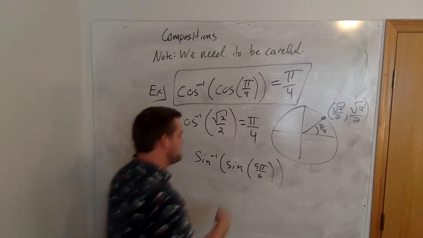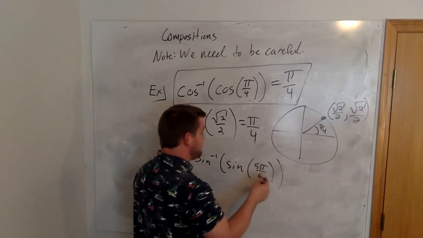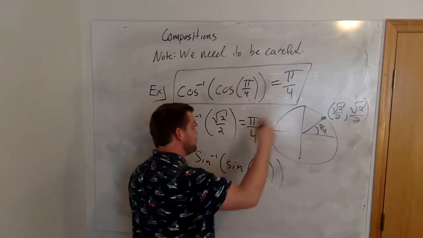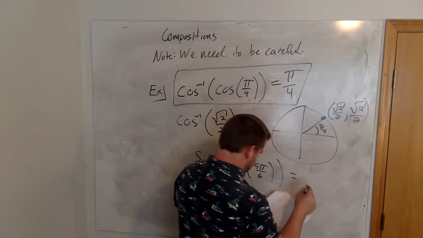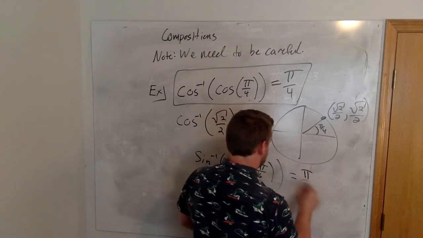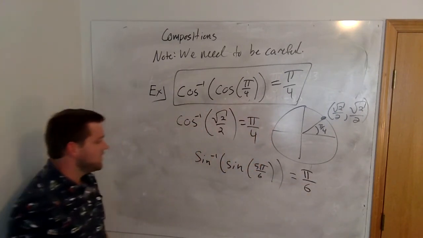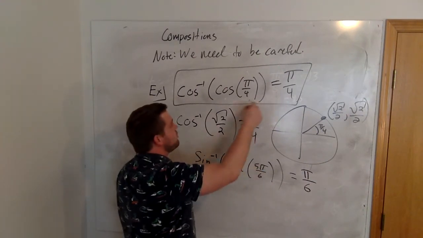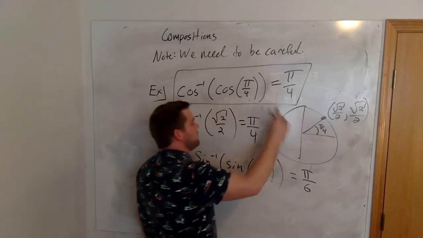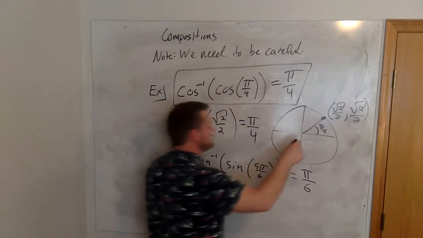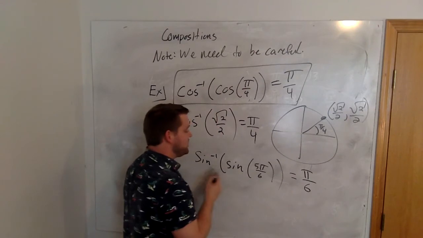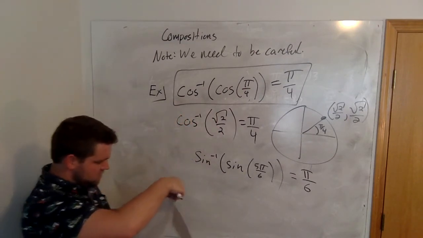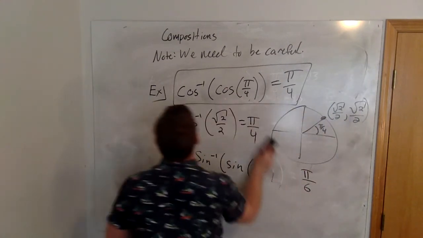So it makes some adjustments. It spits out the angle that gives me that sine output that's between negative pi over 2 and pi over 2, and that's why it spit out pi over 6. So it depends on what the angle is inside here. Here it's just pi over 4, because pi over 4 is between 0 and pi. 5 pi over 6 is not between negative pi over 2 and pi over 2, so we need to be careful with this evaluation. Let's do some more for practice.